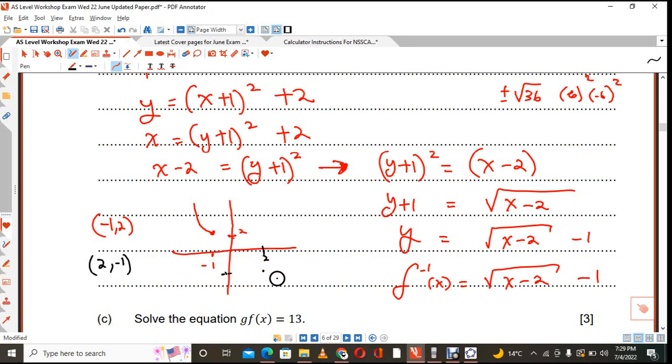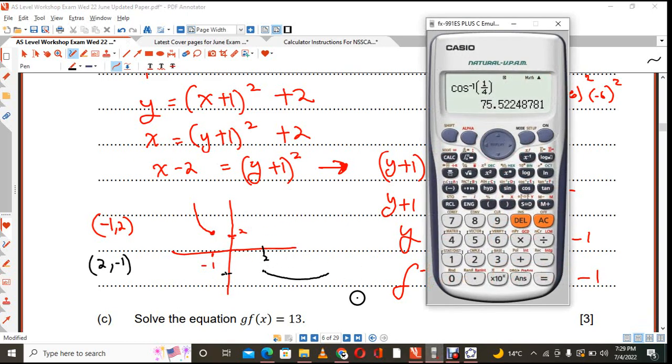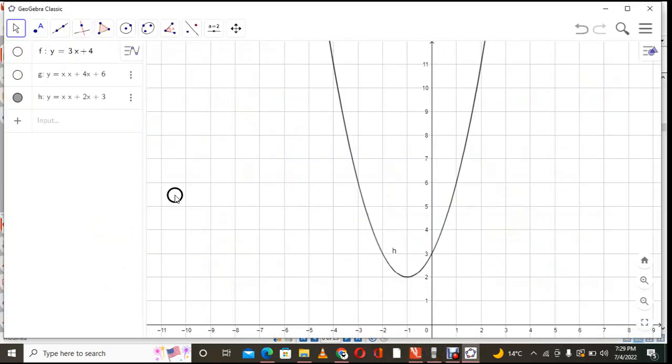So that graph is going to go in this direction. What you should also know is that when you draw an identity line here, y equals x, the two things should overlap.